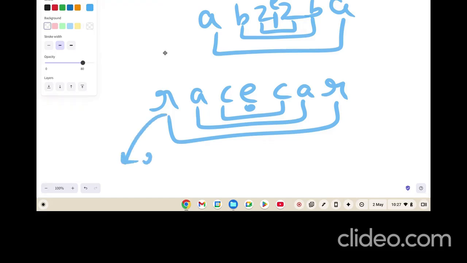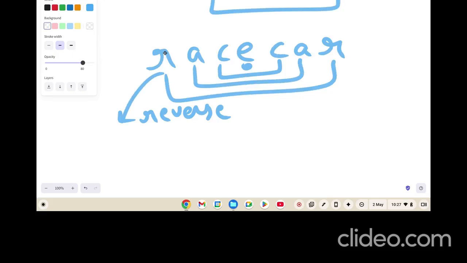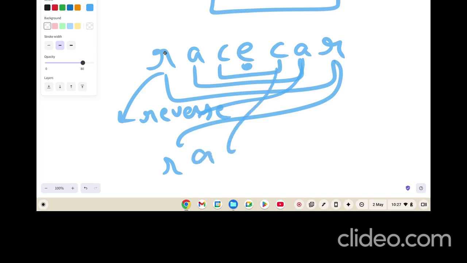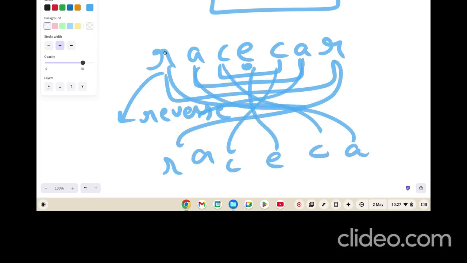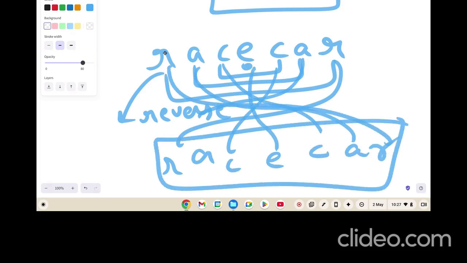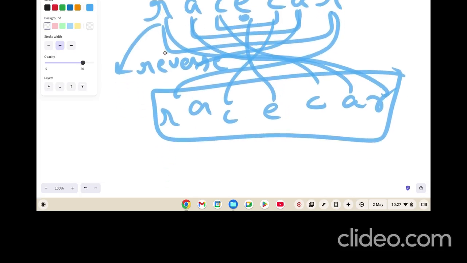If you reverse this word, you get the same string again. If you reverse racecar, R comes at the front, A comes here, C here, E here, C here, A here, and R here. Again, if you read it, it becomes racecar. So even if you reverse the string, it is still a palindrome.